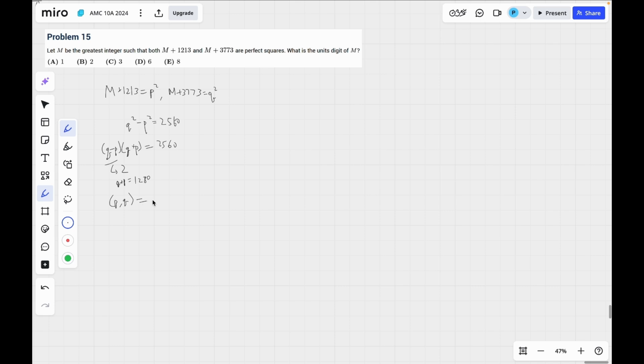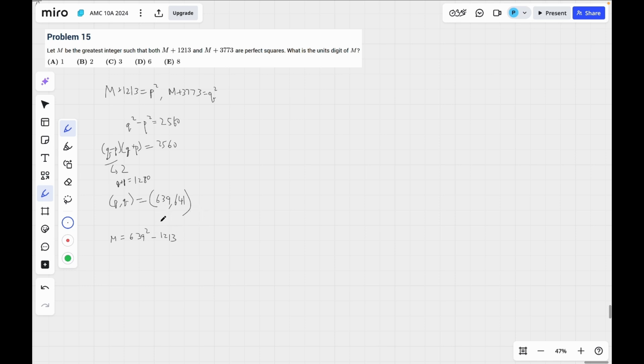Now by solving this, we find that p and q are equal to 639 and 641 respectively. And now finally we can solve for m. And so m is equal to 639 squared minus 1213.